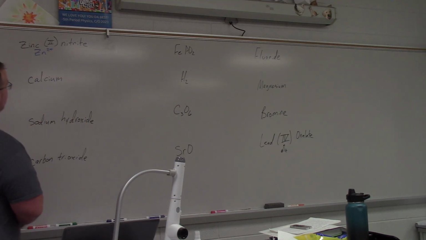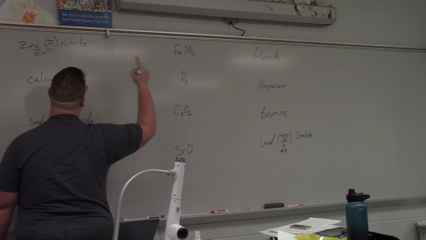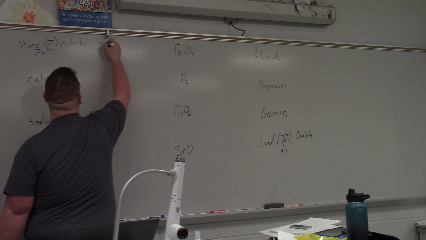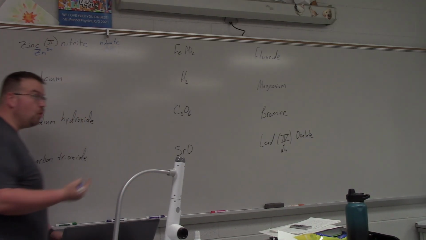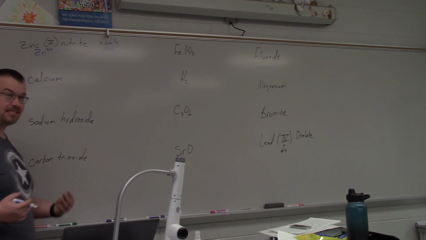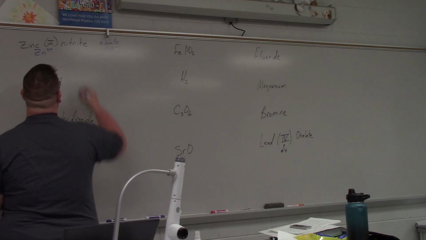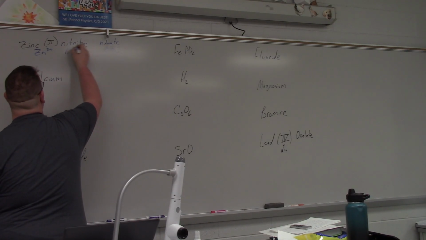Alright, so zinc has a 2+ charge. Then we have to think of nitrite, but we don't have nitrite to memory. What we have to memory is nitrate, and nitrate is NO3 negative. But I know the rule that nitrite ends in ite, which means it's one less oxygen than nitrate. So that's NO2 negative. So the 1 comes down for the zinc, the 2 comes over for the nitrite.